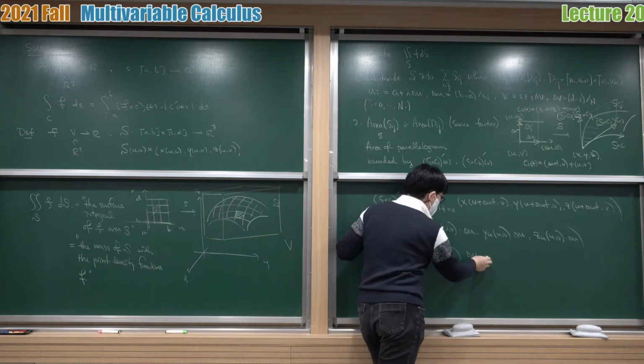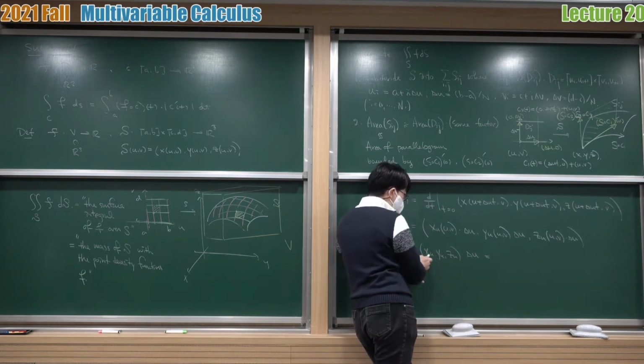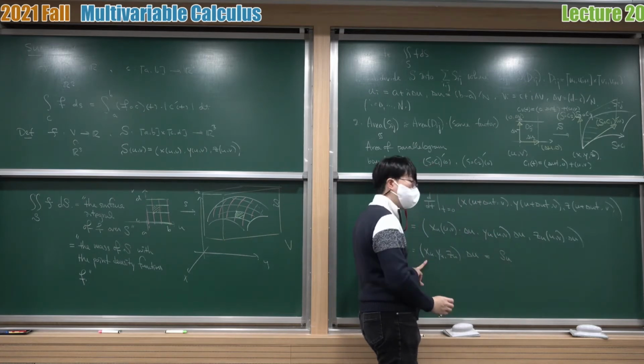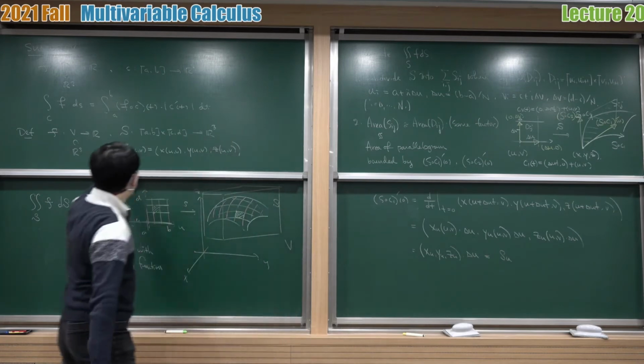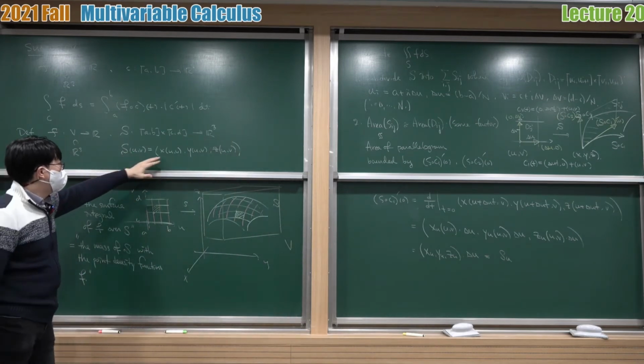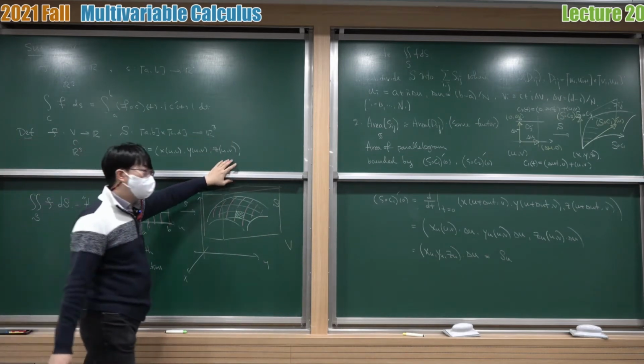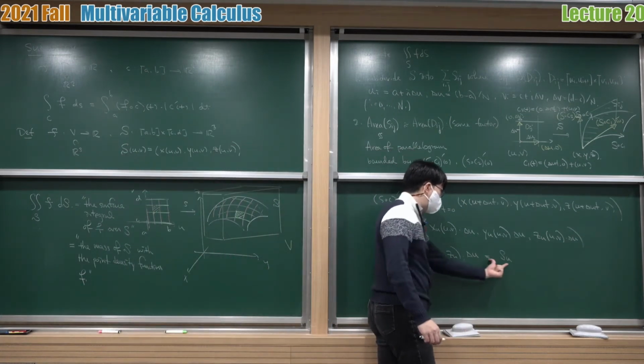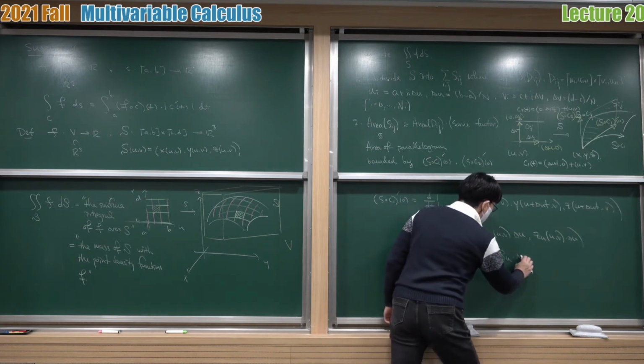I can abbreviate the notation (x_u, y_u, z_u) by S_u, because S is the function that has three coordinates. So this is S_u times delta u.